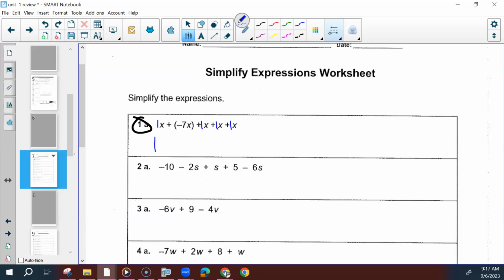Adding or subtracting 1 minus 7 plus 1 plus 1 plus 1. Combining all those together. Do that till you get -3. And then make sure you put x behind it. So you would not need to show me this part. You could add these all up in your head or in the calculator and then get that -3.